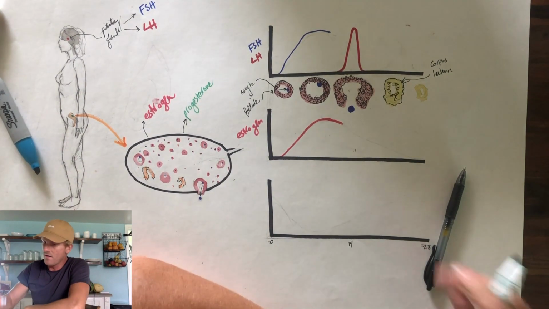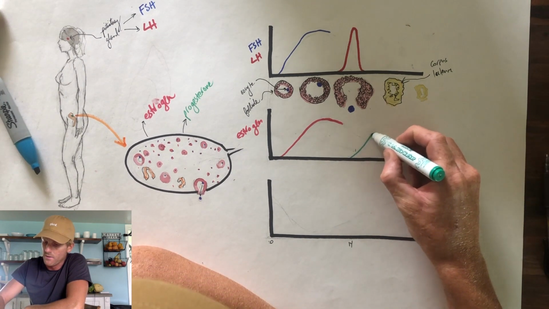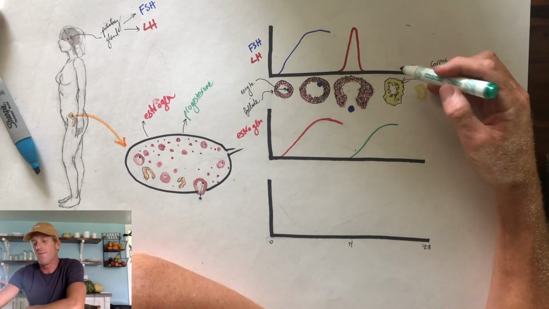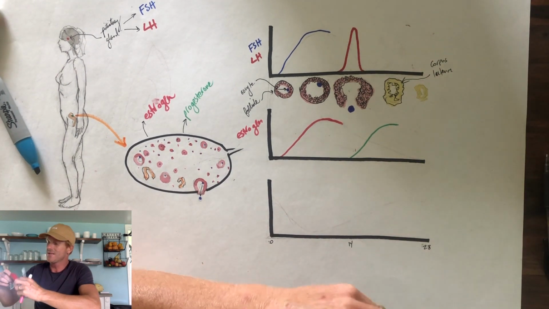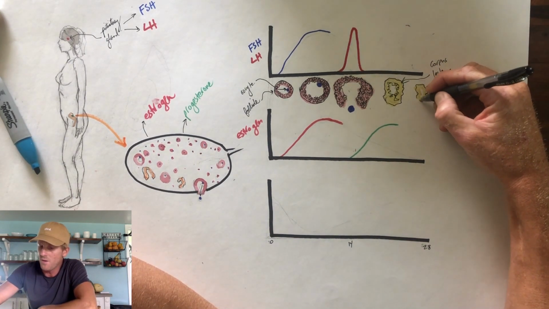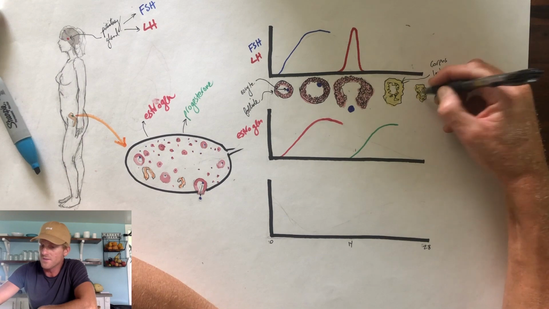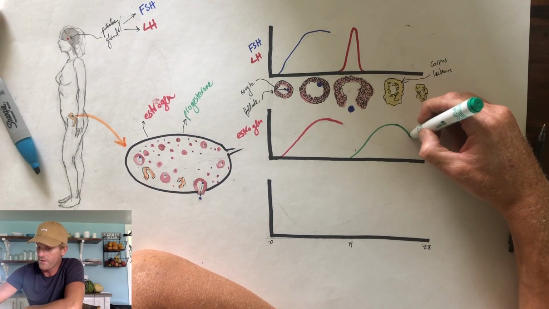This is going to cause progesterone to go up in concentration. But if fertilization doesn't occur, which is the case here, that yellow body is going to start falling apart and dying. So it's going to get smaller. As it gets smaller, it's going to produce less and less progesterone until progesterone levels ultimately drop like that.